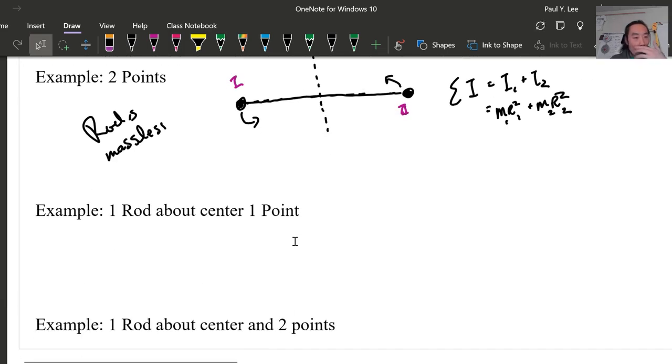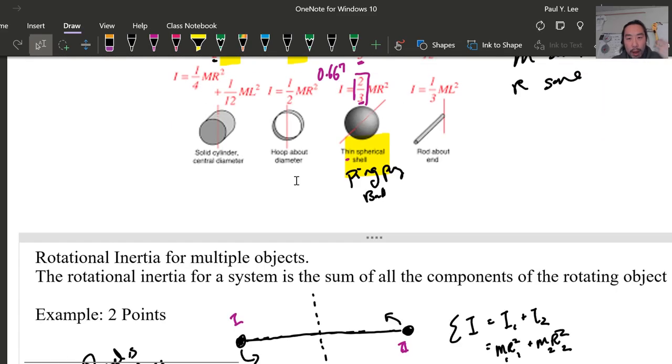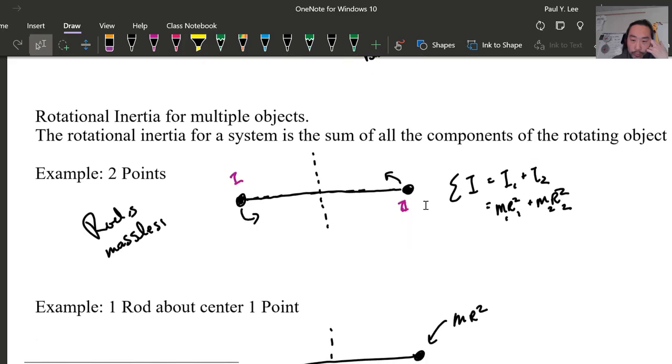All right, what about one rod about the center and one point? Same thing as before, except now this rod does have mass, and we're going to put a point right there. We know that the rotational inertia for this point would be mr squared, but what about the rod? For an AP problem, they would tell you that the rod about the center would have a rotational inertia of 1/12 ml squared.